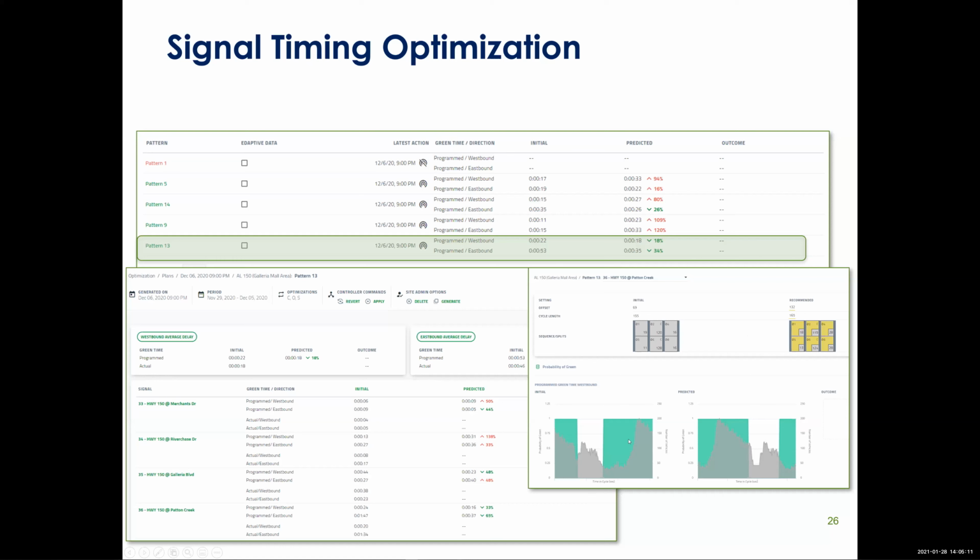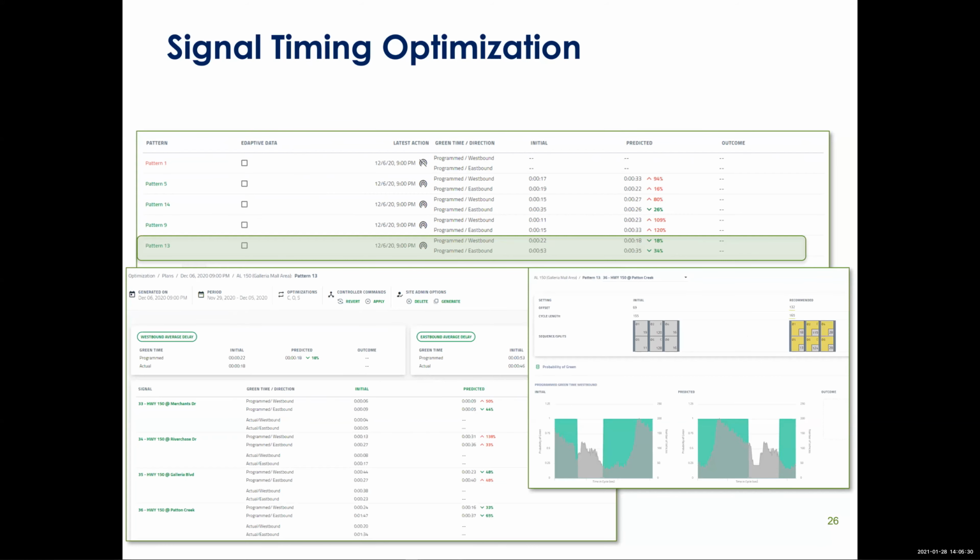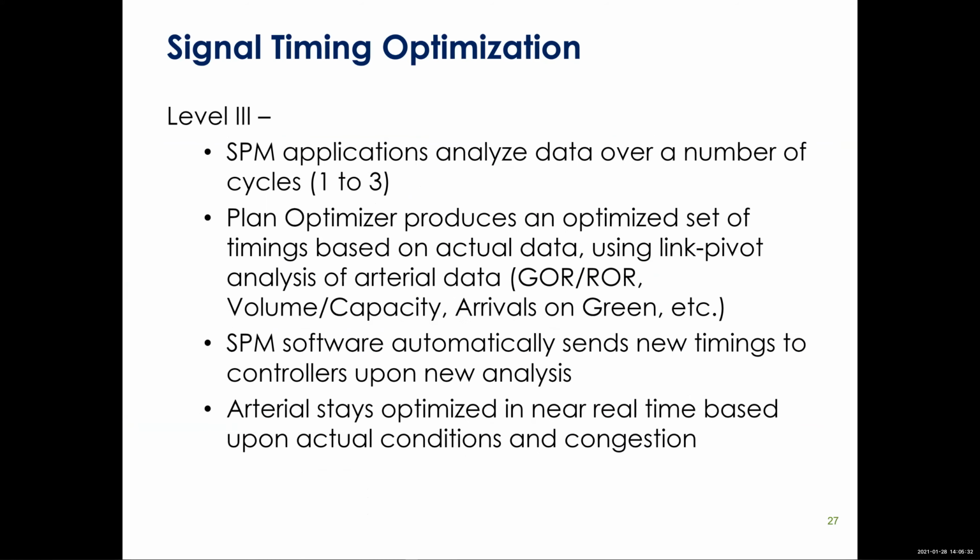It also runs an analysis to show us the predicted arrivals of vehicles during the green band. So you can see the shift here. We've got much more vehicles in the green band now. So it runs all that analysis, and it does it for each intersection. So if we decide that we want to run that, we can actually select it to be downloaded and run on that intersection.